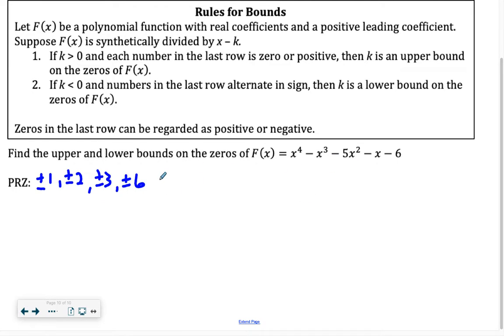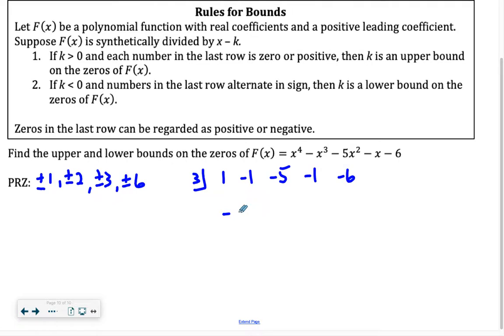But for time's sake here, I'm going to jump all the way up to 3, right? If we plug in 1, we would see that it is not a 0 and it's not an upper bound. If we would plug in 2, we would see it's not a 0 and not an upper bound. So I'm going to plug in 3 here. So if I list out my coefficients, I'll have 1, -1, -5, -1, and -6.